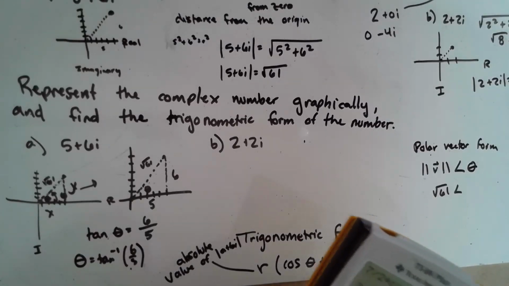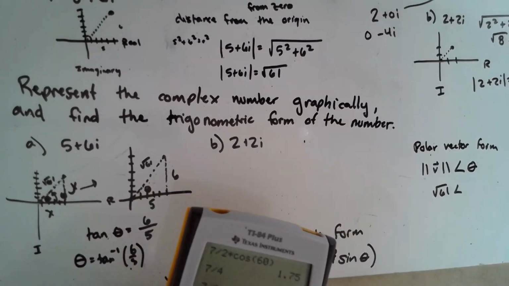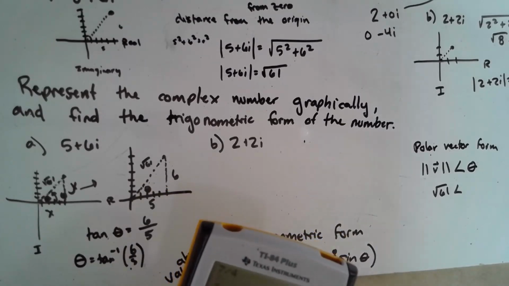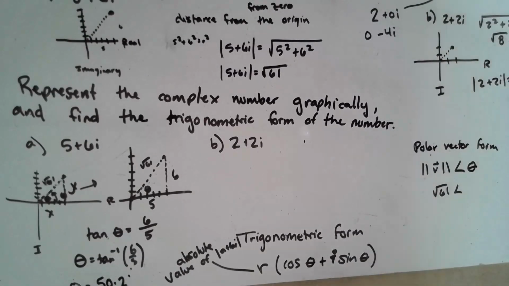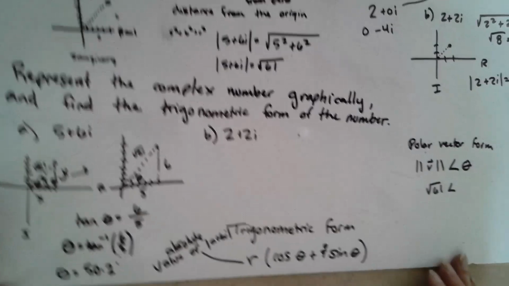We're going to go tangent inverse of 6/5, and we get theta is 50.2 degrees. We're going to end up rounding that one just a bit.